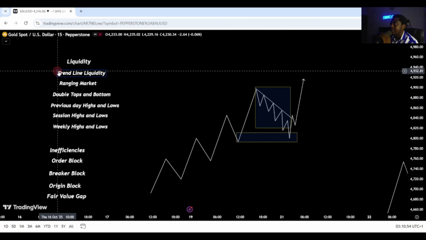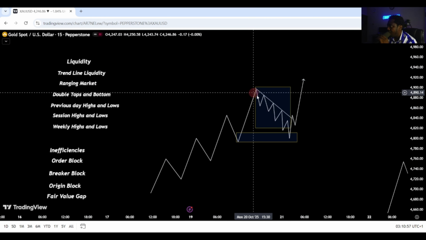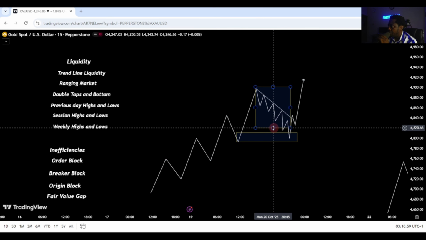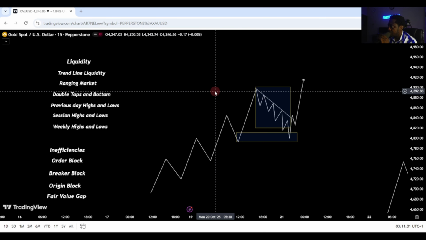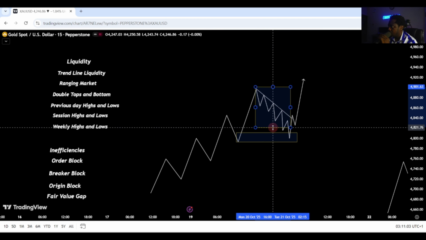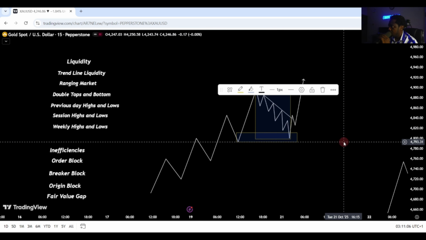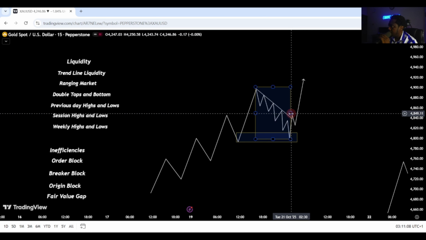So we'll be looking at trendline liquidity at first. Now let's assume that this box here is our Asian range. Let's assume this is our Asian range now.